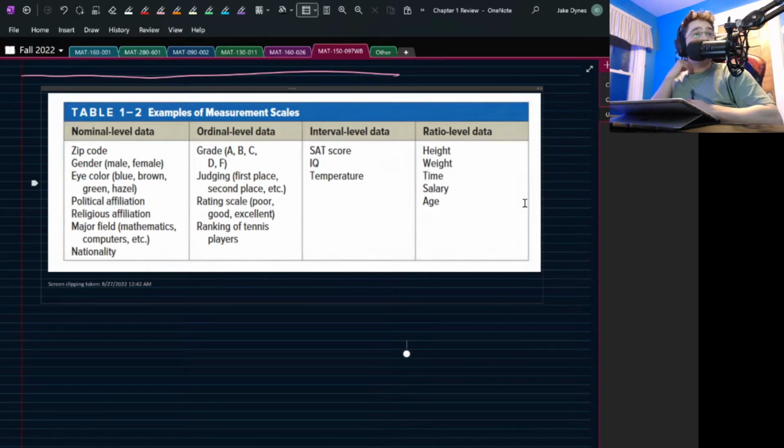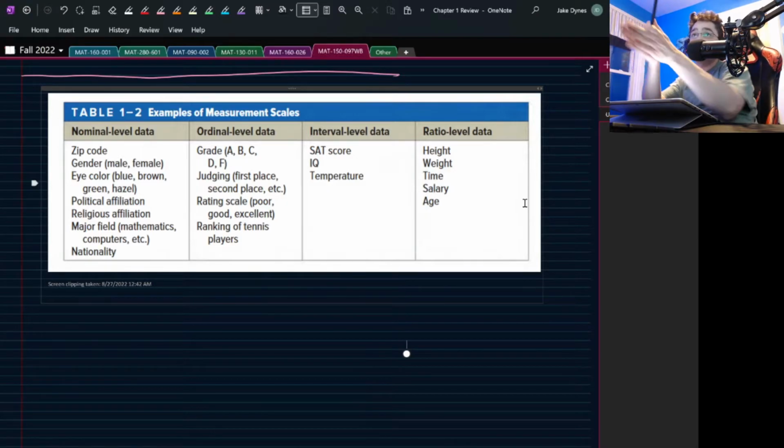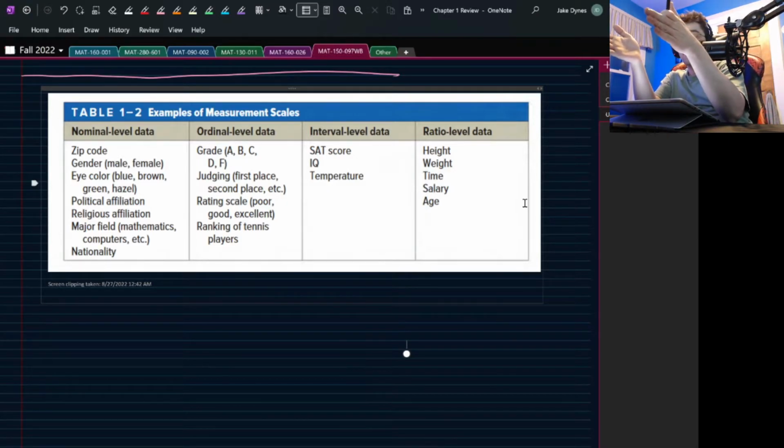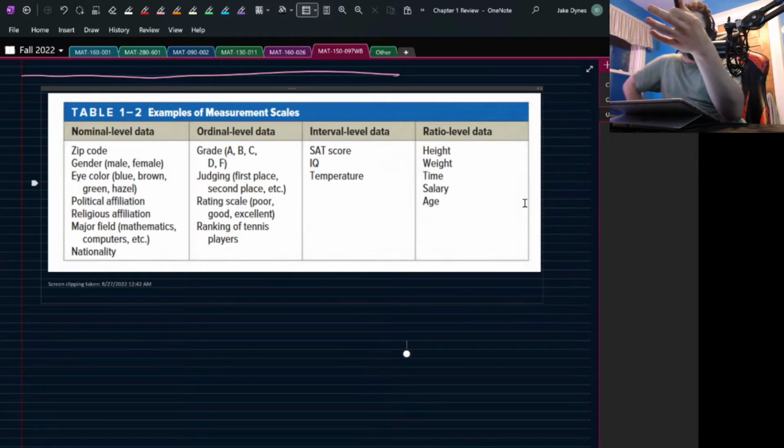Whereas interval level does rank the data, but there is a precise difference about how much better one instance is than another. So, like, when you're comparing 80 degrees to 40 degrees, 80 degrees is exactly twice as hot as 40 degrees.